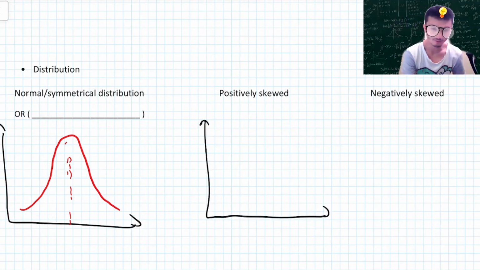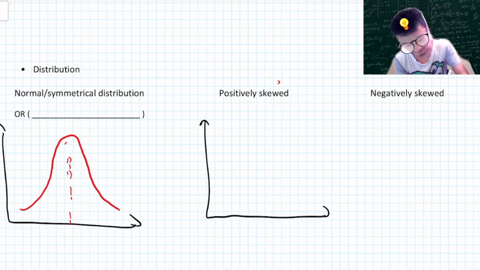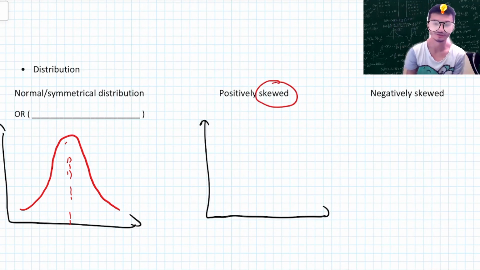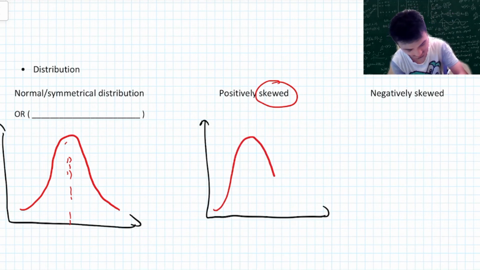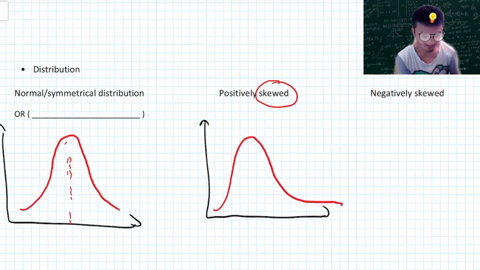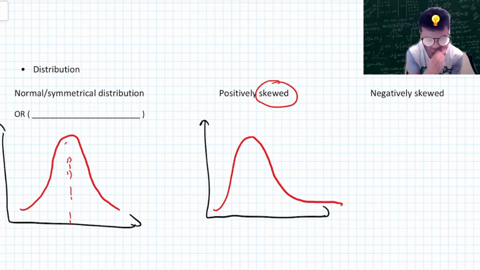Positively skewed. When we talk about skewness, the way I want you to think about it is, if something's askew, it's kind of to the side. But how exactly do we describe the skewness of a distribution? A positively skewed data set looks like this. The reason it looks like this is because it's been shifted to one side compared to the normal symmetrical distribution.